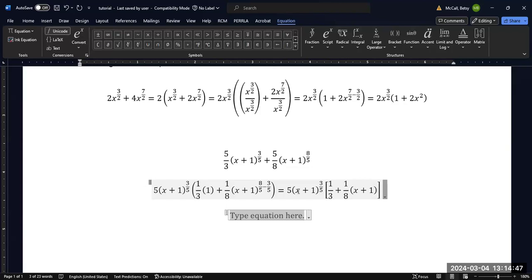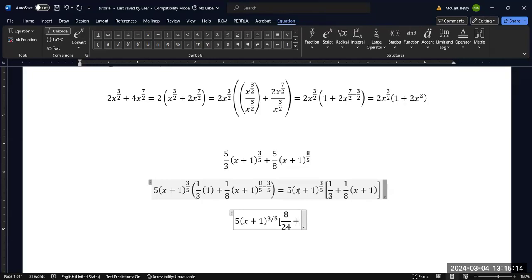So let's consider our common denominator, since these are relatively prime, would be 24. So we would have 5x plus 1 to the 3 over 5. And then we would multiply 1/3 by 8 over 8. We would get 8 over 24.